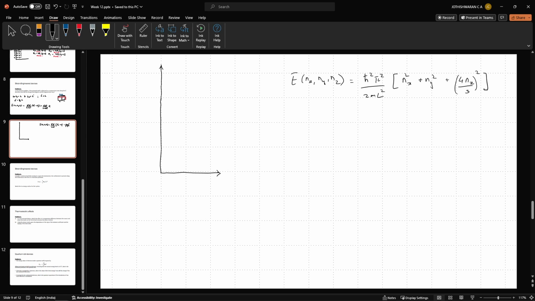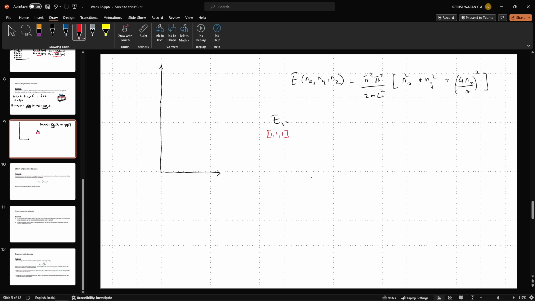So now it should be easy enough to guess what happens. The lowest energy is still going to be 111. So E1 is still going to be 111.